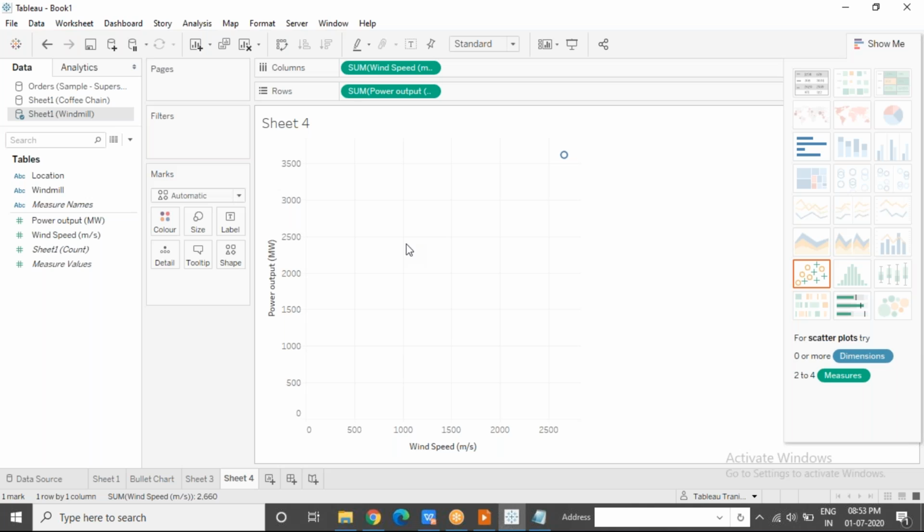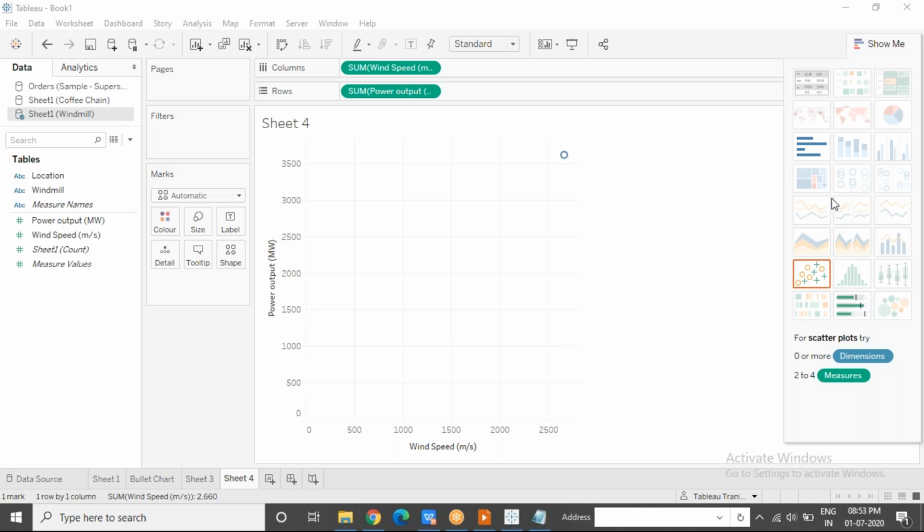But why is Tableau not showing me a proper scatter plot and giving me only one single mark here? Why only a one mark scatter plot?